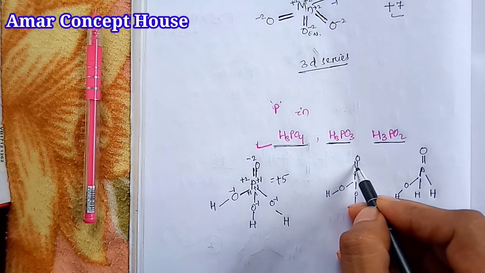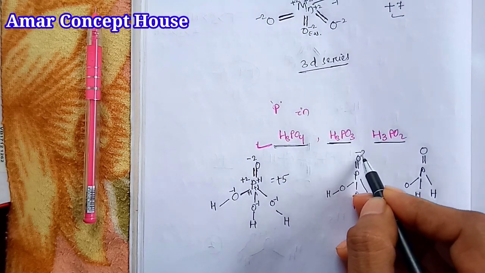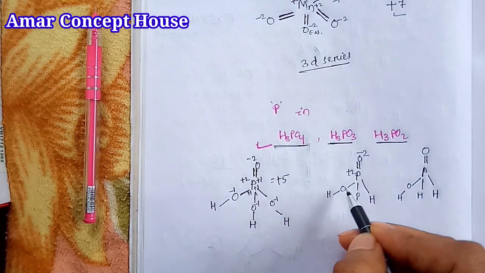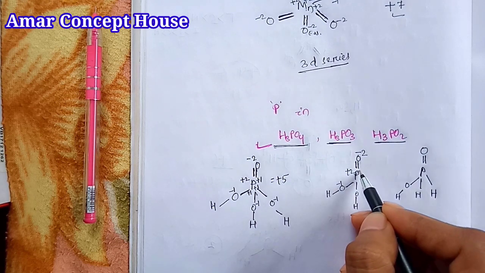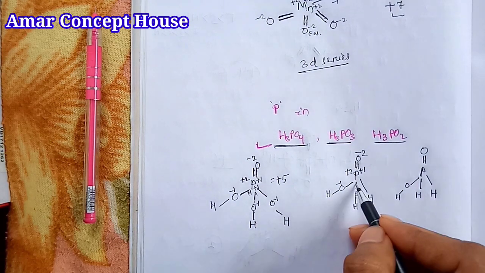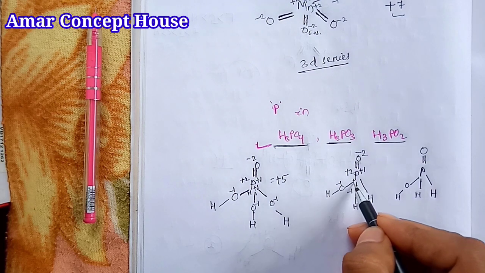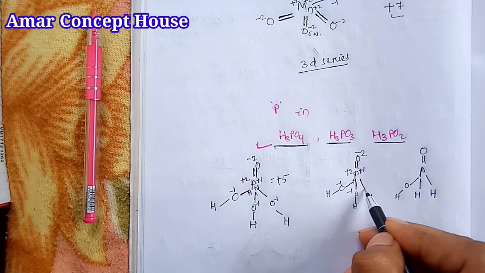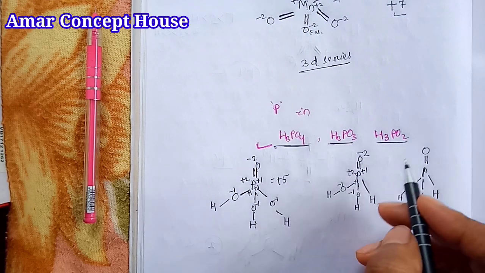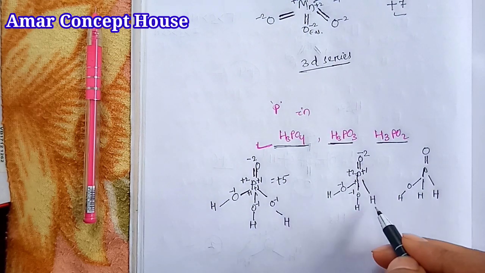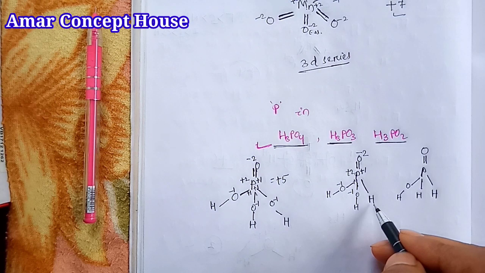Now come to the phosphorus acid. For these two bonds, oxygen gets -2, phosphorus gets +2, oxygen -1, +1. Similarly for this single bond, oxygen gets -1, phosphorus gets +1. And for this one, which is more electronegative? Phosphorus is more electronegative than hydrogen. Hydrogen is electropositive.